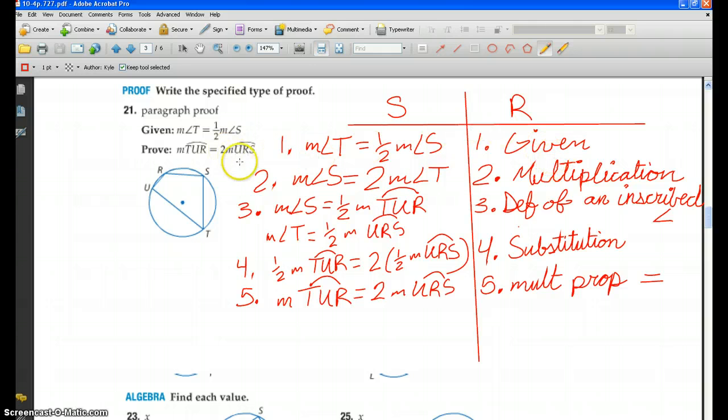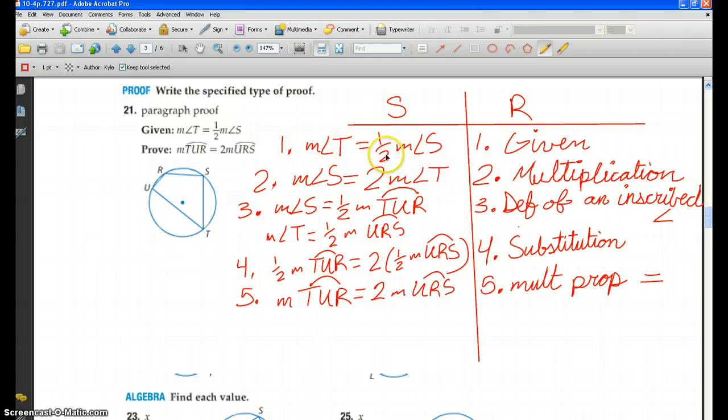That is given. So, T is equal to half the measure of angle S. What can we say based off of this statement? Well, if T is half the measure of angle S, then if I multiply the measure of angle T by 2, I'd have to multiply this side by 2, and 2 times 1/2 would just give me 1 times the measure of angle S. So the measure of angle S is equal to 2 times the measure of angle T. That's by the multiplication property of equality.